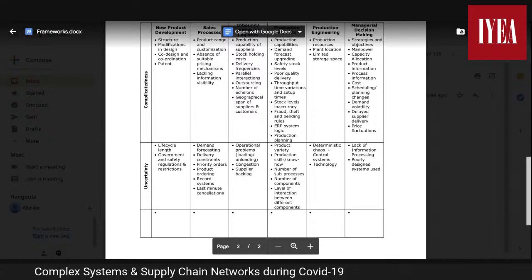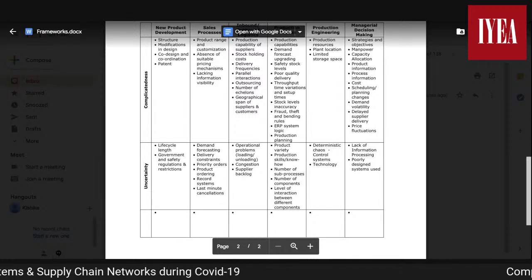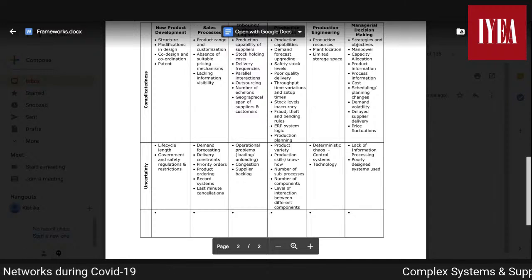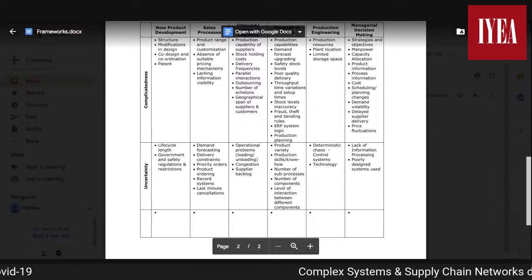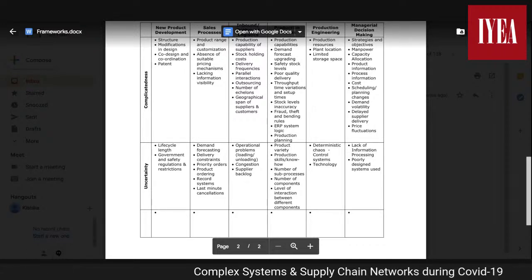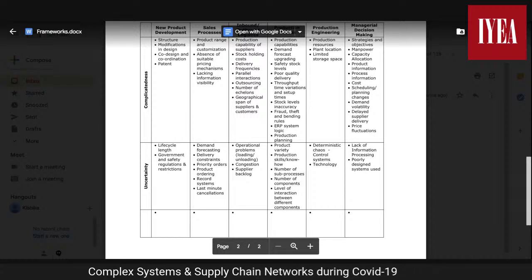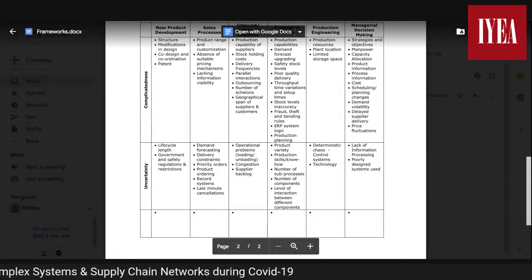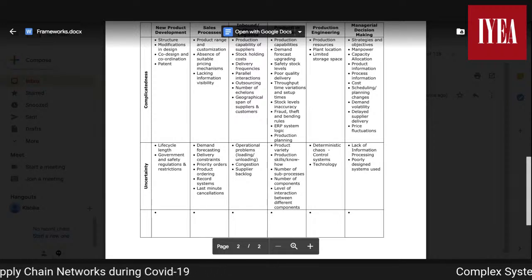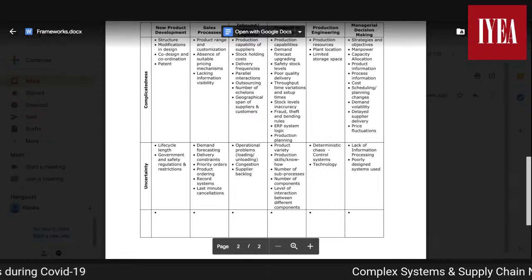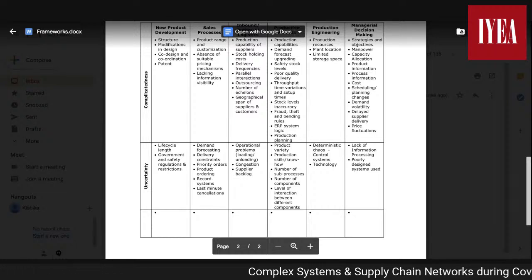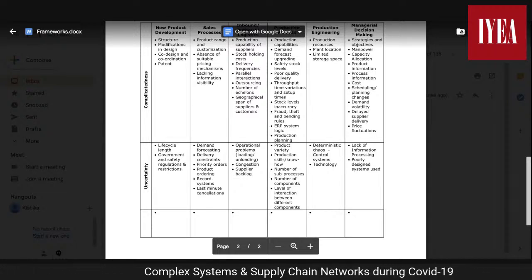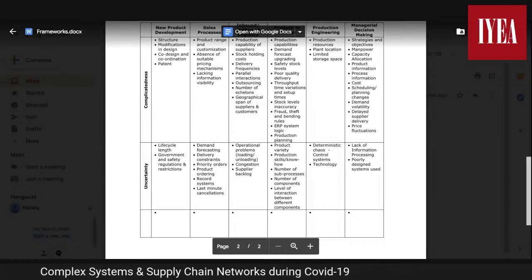And again, to summarize the framework, I would like to say that complicatedness is quite product driven because of the nature of the product. So say for a medical consumables industry, why I'm referring to this industry again and again is because it's quite relevant during the pandemic, because this is the industry, this is the supply chain that needs to be most efficient during this kind of a pandemic.